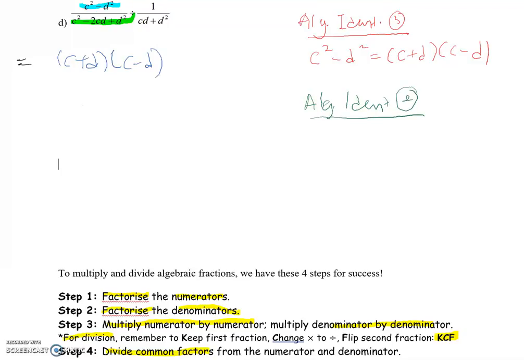And for the second algebraic identity, we know that c squared minus 2cd plus d squared is actually equal to (c minus d) whole bracket squared. So let us rewrite this.